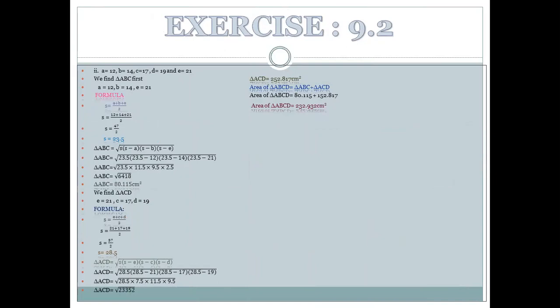After calculating S we find S minus A, S minus B, S minus E. Now according to that diagram Heron's formula will become S into S minus A, S minus B, S minus E. Putting the values, taking the square root, the area of triangle ABC becomes 80.115 centimeters square.